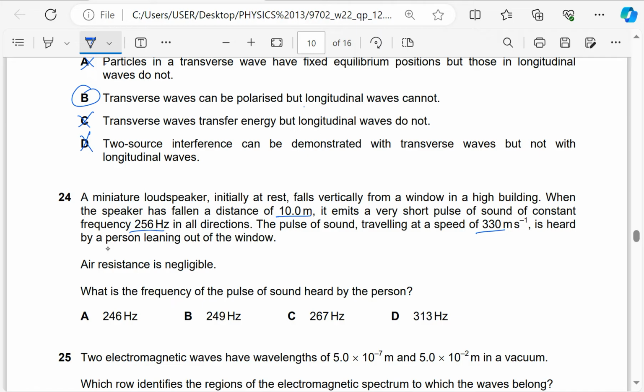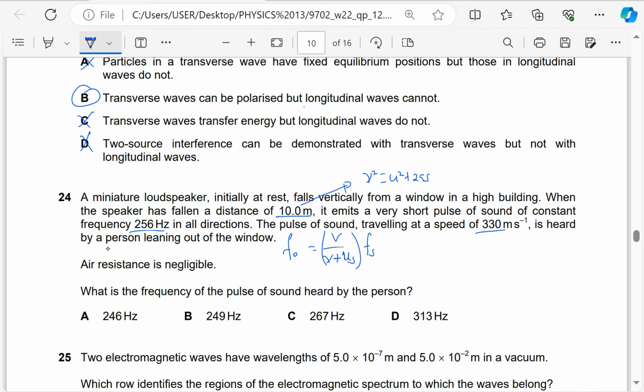Since the source is moving away from the person leaning out of the window, the frequency is going to be lower. So the observed frequency is going to be v over v plus, we make the denominator plus the speed of the source, then multiplied by the frequency of the source. I'll first find the speed from v squared equals u squared plus 2as.